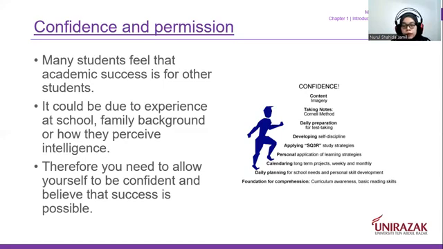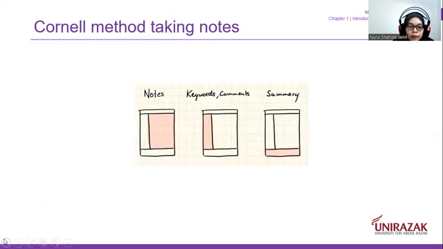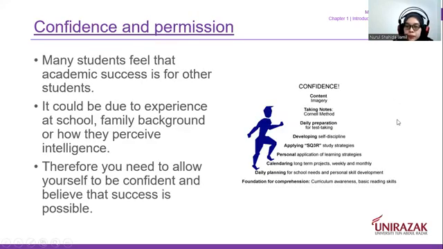Daily preparation for test taking, developing self-discipline, applying SQ3R. Previously we talked about SQ3R, study strategies, personal application of learning strategies, calendaring long-term projects weekly and monthly, daily planning for school needs and personal skill development, foundation for comprehension, like curriculum awareness, basic reading skill.